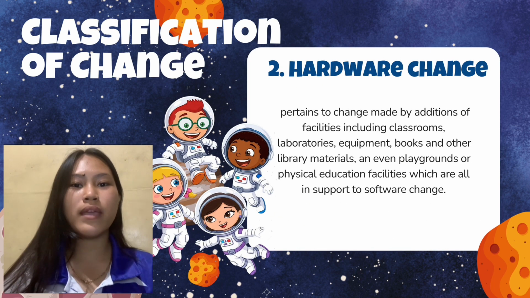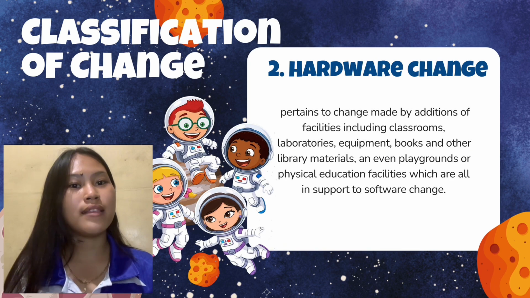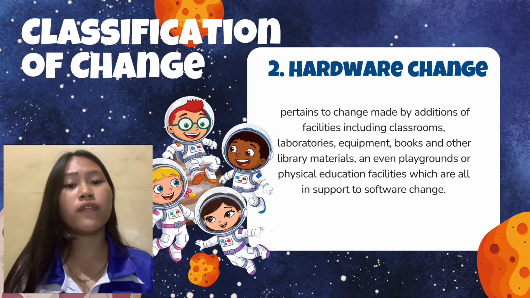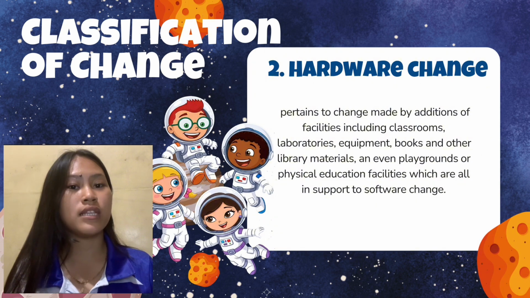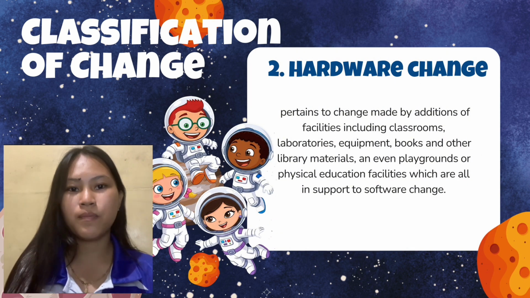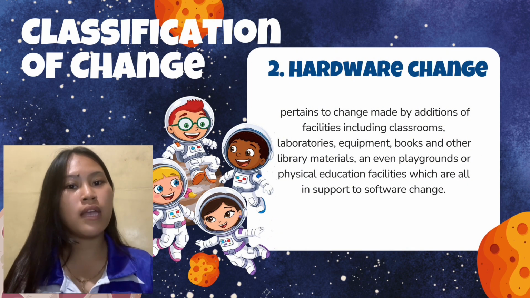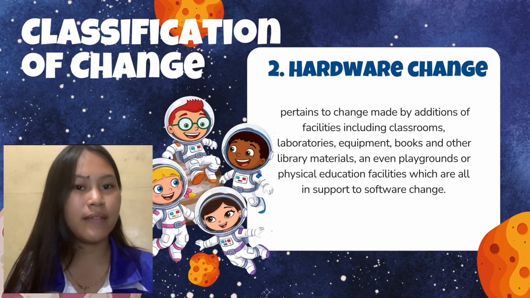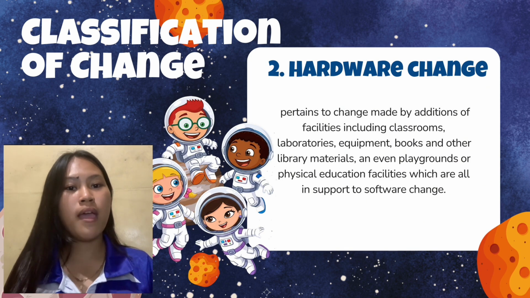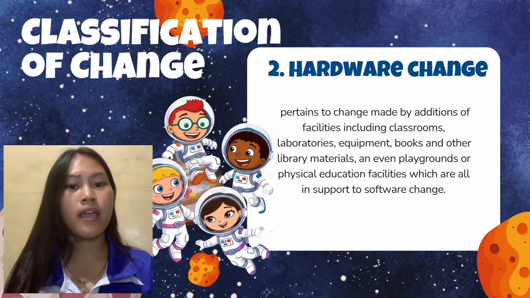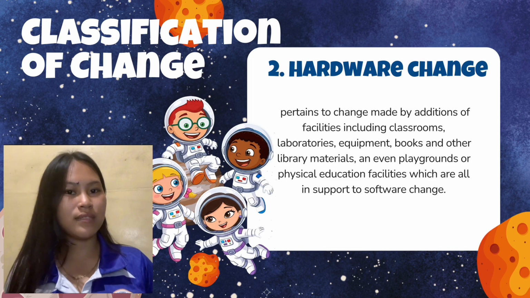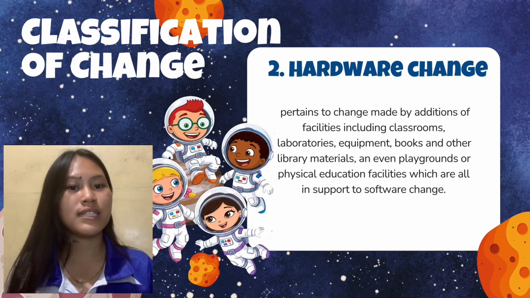Second one is the hardware change. It is the physical support. So it refers to changes in physical facilities and resources. It focuses on tools and environment for learning. It includes classrooms and laboratories, equipment and technology, books and library materials, playgrounds and PE facilities.